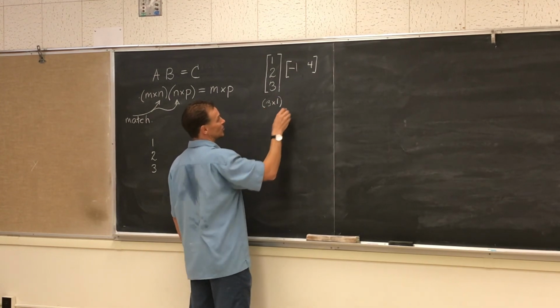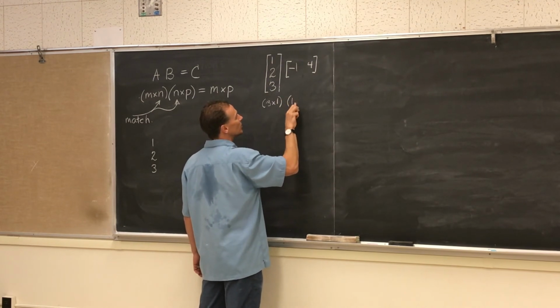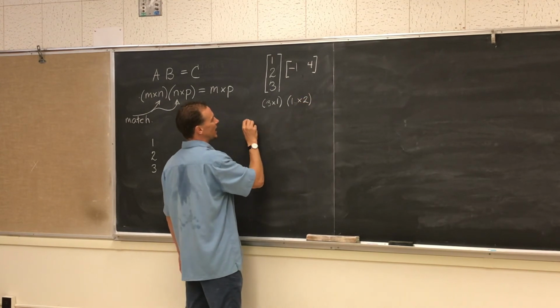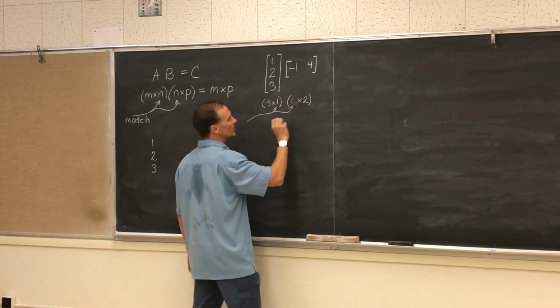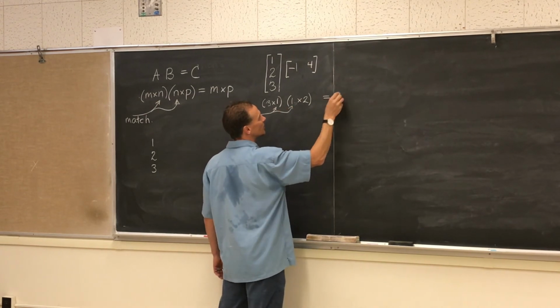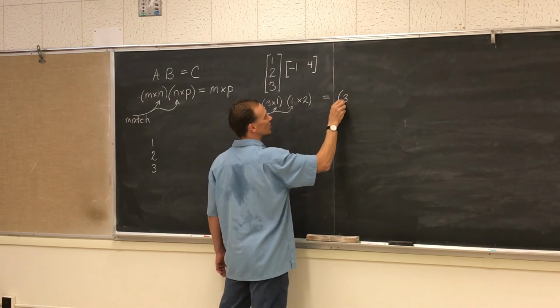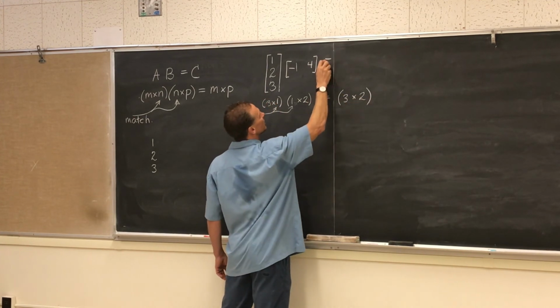There's only a single row, 1 row by 2 columns. So notice these match, the ones match inside. So it tells us that our result is going to be a 3 by 2 matrix. So let's put that up here.